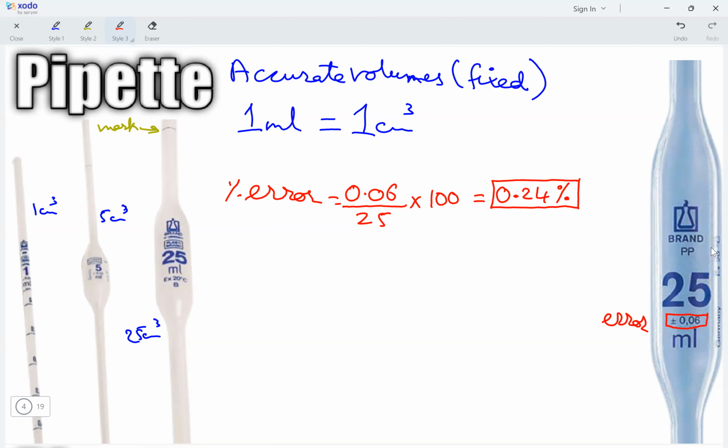So pipettes are used during titration to take solutions into the conical flask and to titrate them against the solution taken in a burette. The volume of the solution in the burette will be variable based on how many moles of the other solution is present in the conical flask, and the volume in the conical flask would be fixed because that solution was taken up using a pipette.